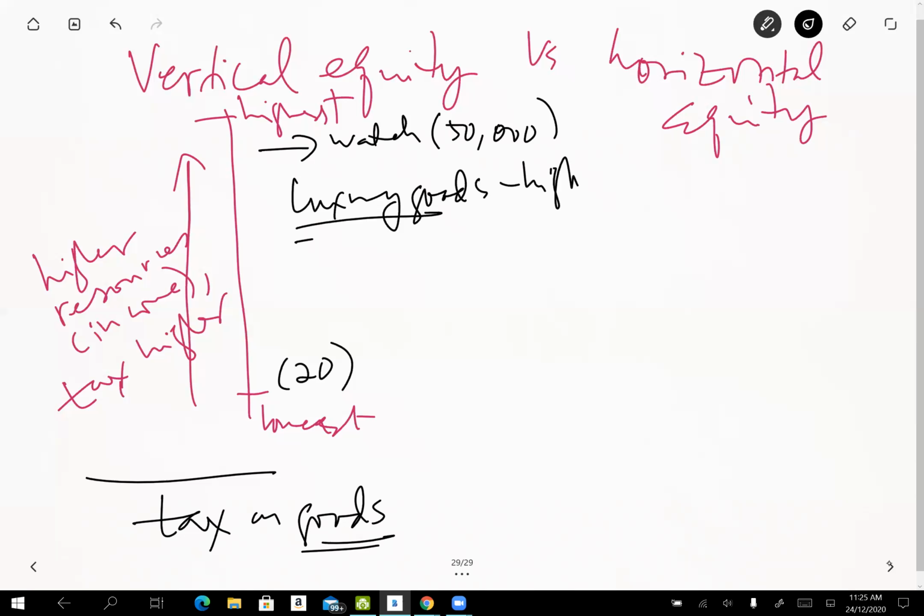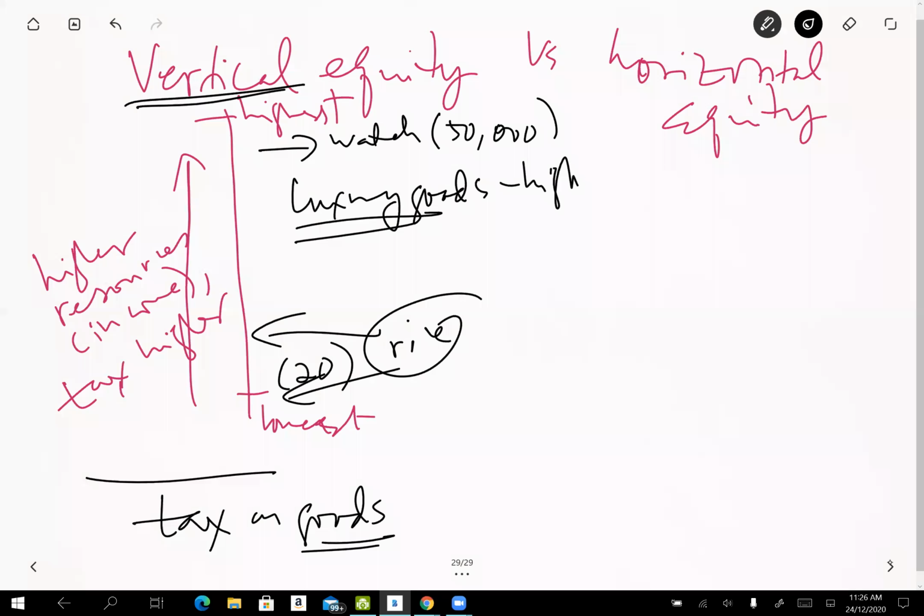Now, is the demand for luxury goods elastic or inelastic? It's quite elastic, but you tax them high. Why? Because of vertical equity. Some goods have inelastic demand, like rice, and a higher percentage of people in the lower income group consume them. So it is not fair to tax them.